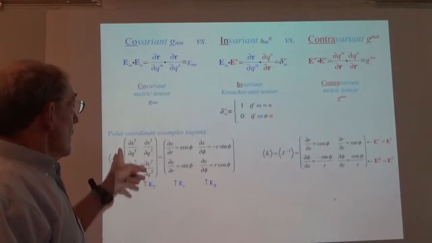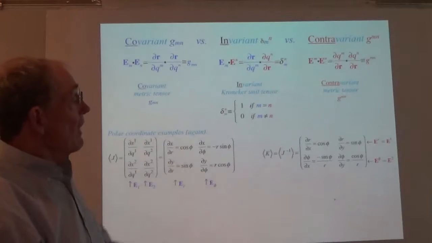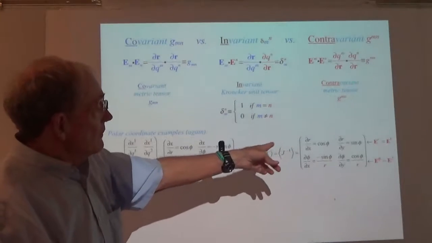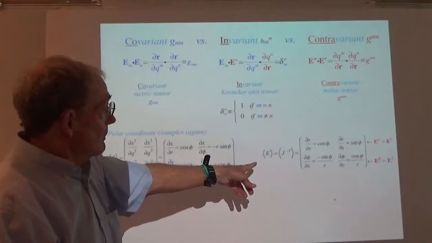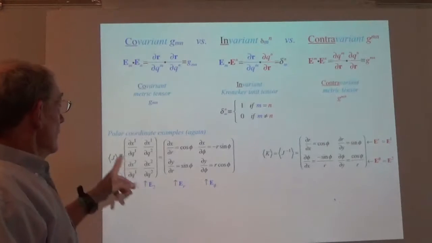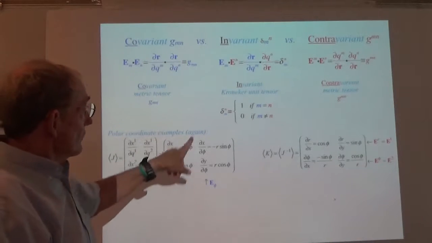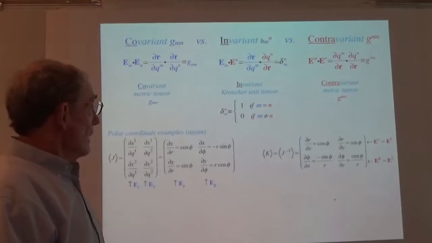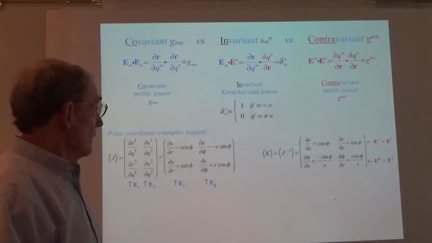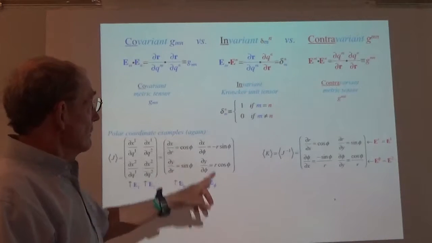But in any case, with our polar coordinate examples, here they are again. We've got the contravariant vectors as the rows of the Kajobian, which is the inverse of the Jacobian, and then the Jacobian itself has columns that make up the covariant vectors. That is, define the covariant vectors.